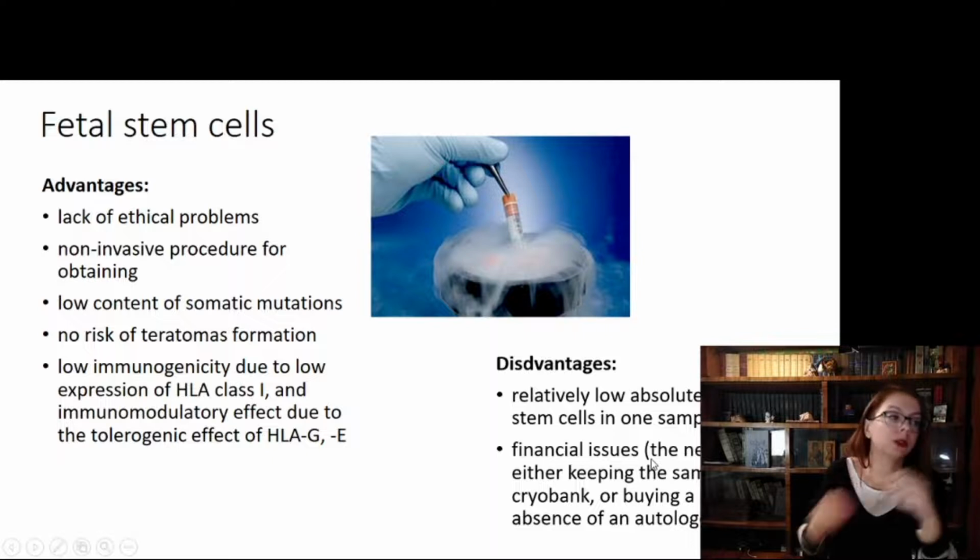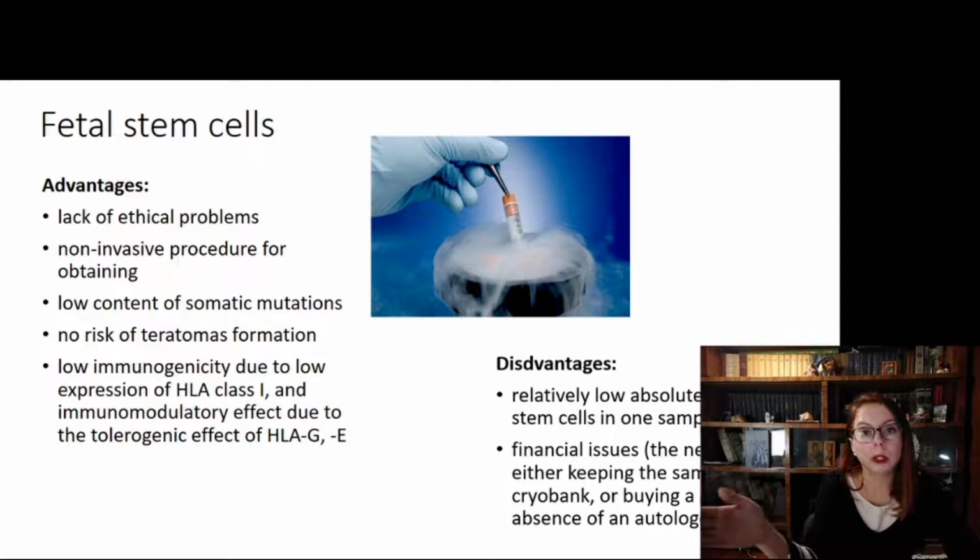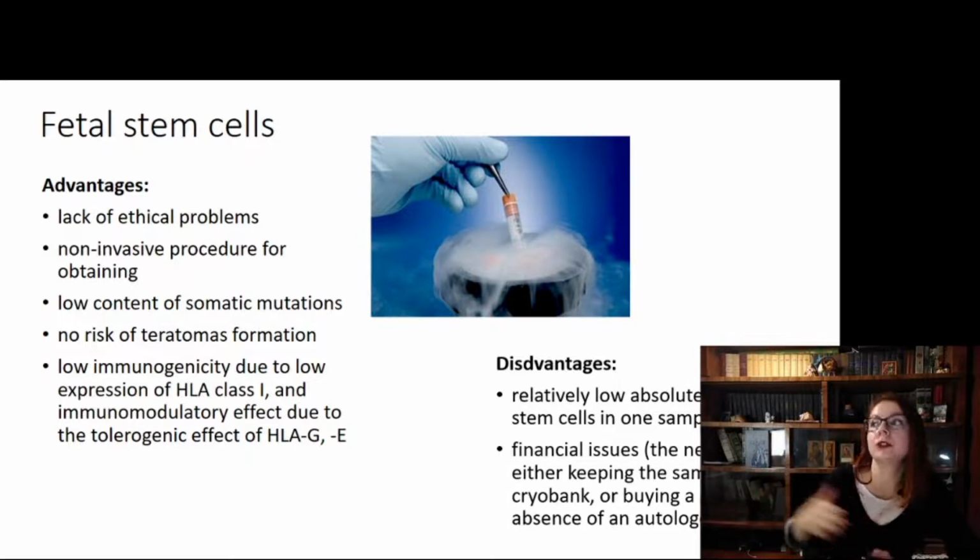Then financial issues. Also, the umbilical cord blood or any other fetal stem cells should be paid for because they should be preserved in special cryobanks in liquid nitrogen, usually under very low temperatures. They are frozen, and of course they could be sequestered there for a long period of time, during the whole life of the patient and even more, but along this period they should be paid for.